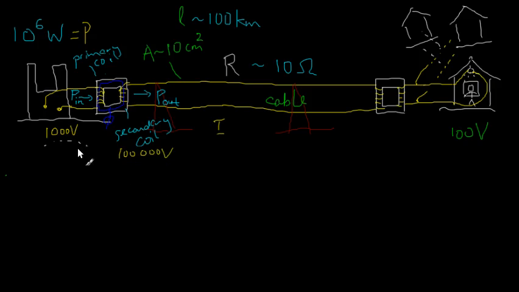So this would be VP, the primary voltage, and we want this to be our VS, our secondary voltage.